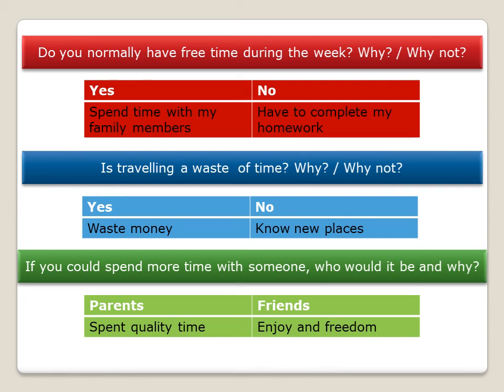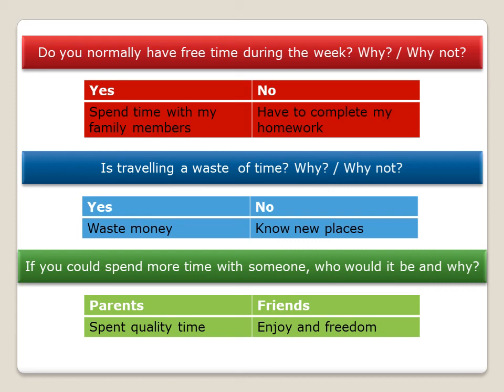If your answer is no, maybe your reason is you have to complete your homework. The next question: is traveling a waste of time? Why or why not? If your answer is yes, because it wastes money. If your answer is no, the reason is because maybe you will know new places.